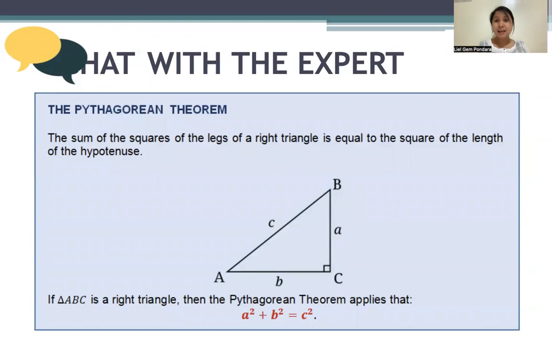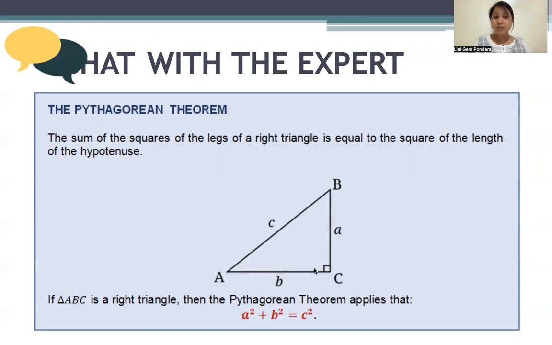Now, what is the Pythagorean theorem? The Pythagorean theorem states that the sum of the squares of the legs, if you see this triangle, that slanting part is called the hypotenuse, while these two that are forming the right angle are called legs.